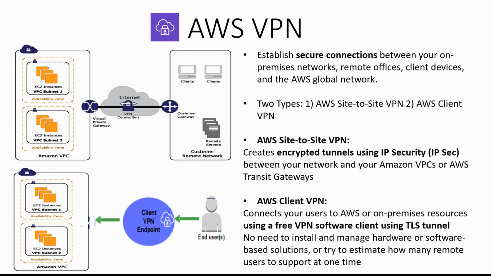Then you want to connect to your external data center for some reason. That's where your VPN plays a major role. Based on the use case, we have two options. One is an end user trying to connect; that's where the AWS Client VPN is required.